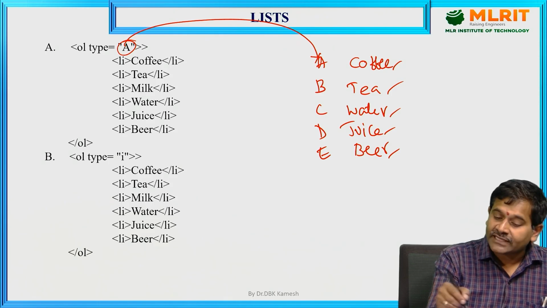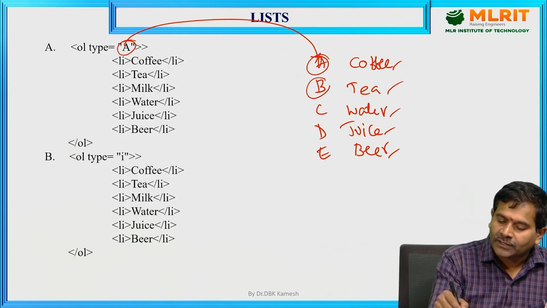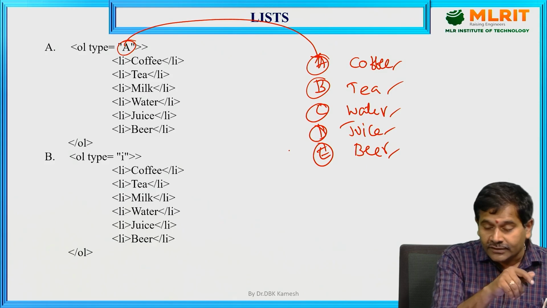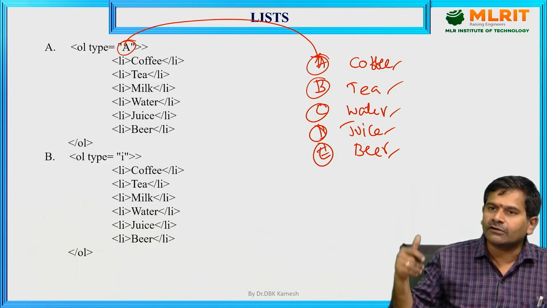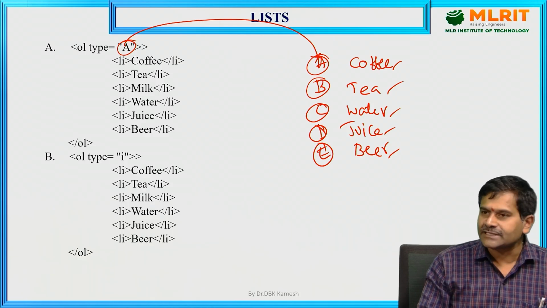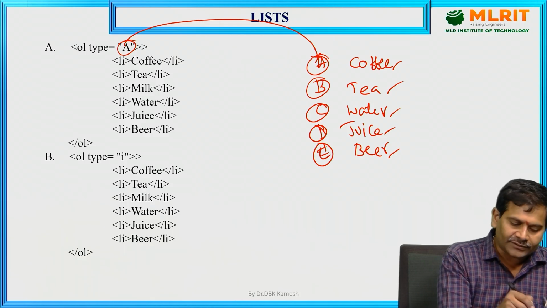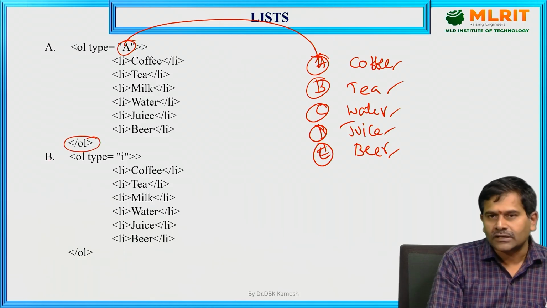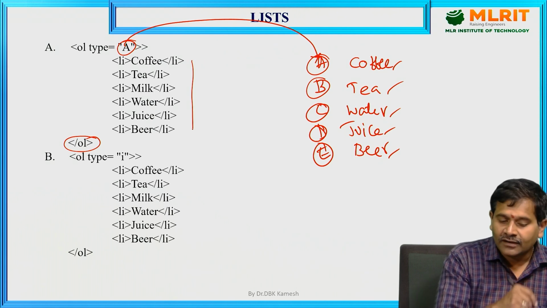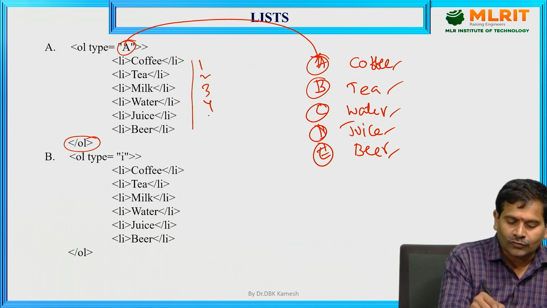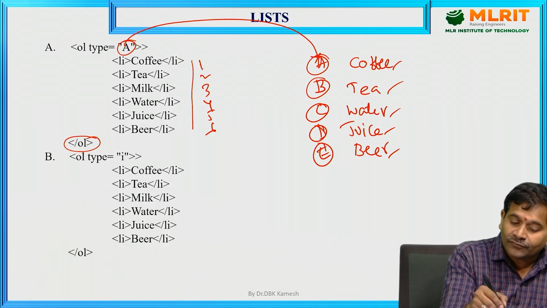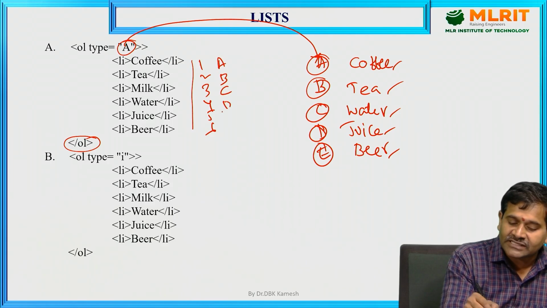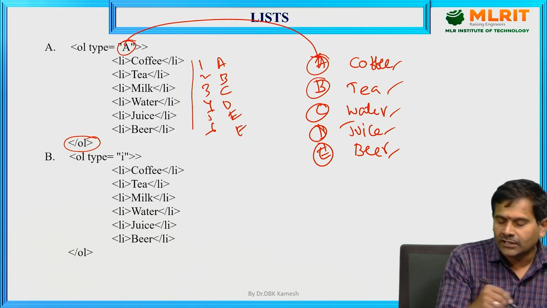Then the sequence capital A, capital B, capital C continues, because the ordered list follows the same sequence until your last item is displayed on your screen. Here OL completed means ordered list. Instead of 1, 2, 3, we have given capital A, capital B, capital C, capital D, capital E, capital F.